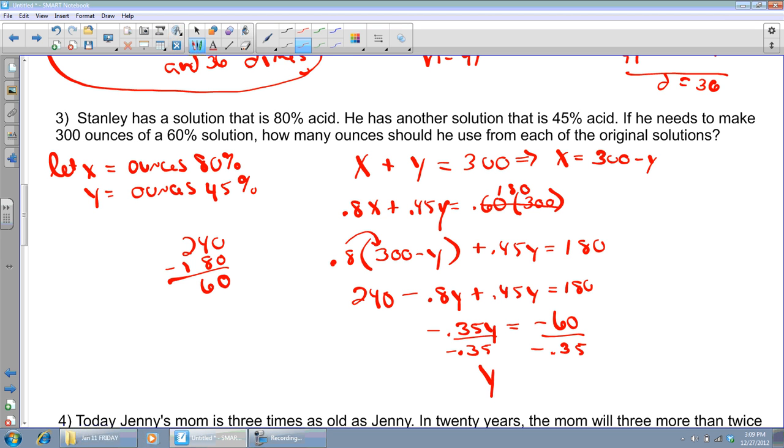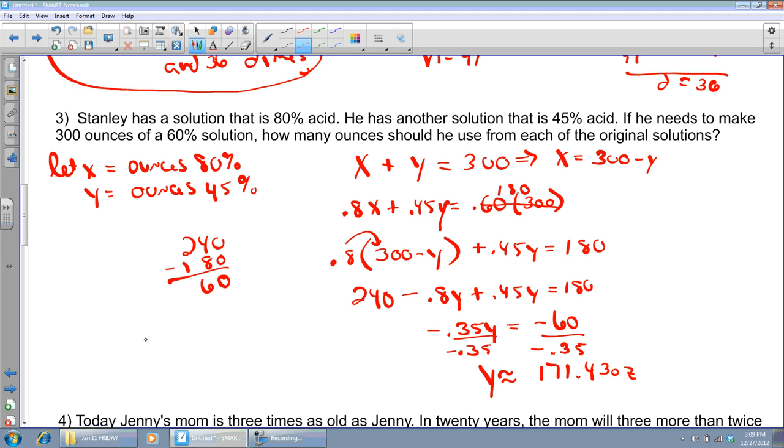And so Y is going to equal approximately 171.43 ounces. That is a rounded answer. Okay.